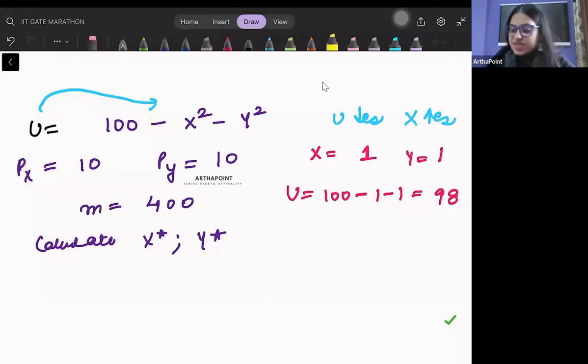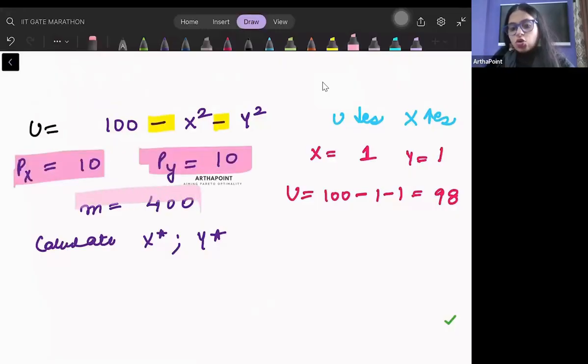This negative sign is representing that x and y are bad goods. So because they are bad goods, ideally I don't want to consume them. So it does not matter in exam whether these goods are affordable or not affordable. You will go ahead and say that my x star will be 0 and y star will also be 0.